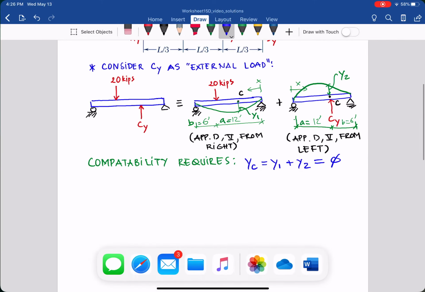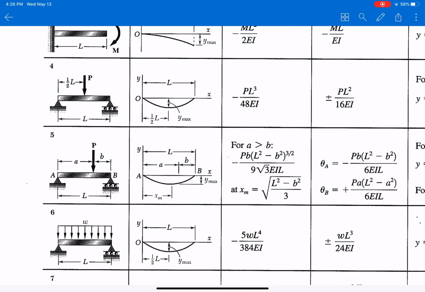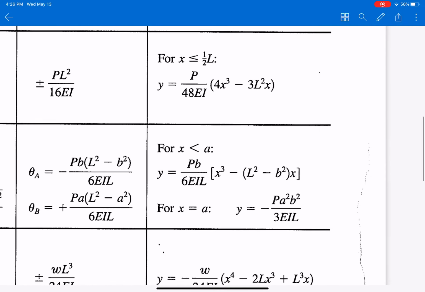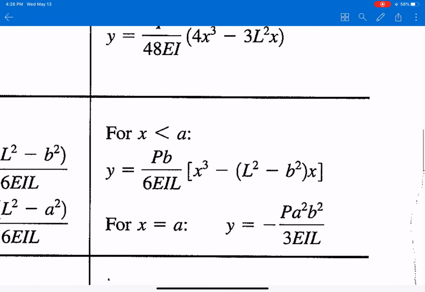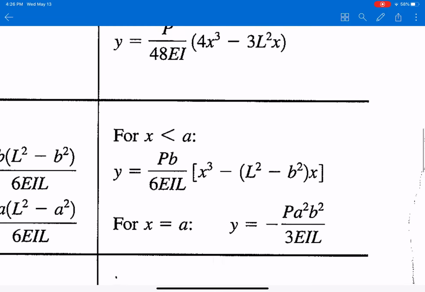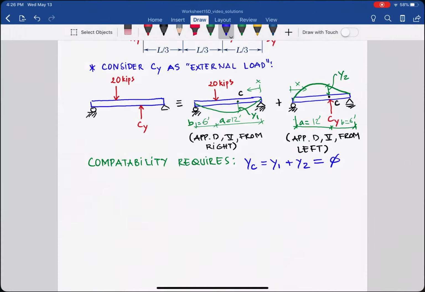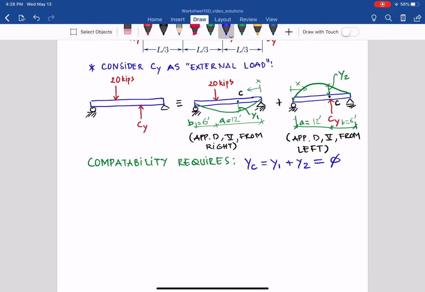So Y1, what is Y1? In here, the equation, as you can see, X in this case equals 6 at point C and is less than A. A is from the right, it's 12 feet. So we have that equation in here, PB over 6EIL.